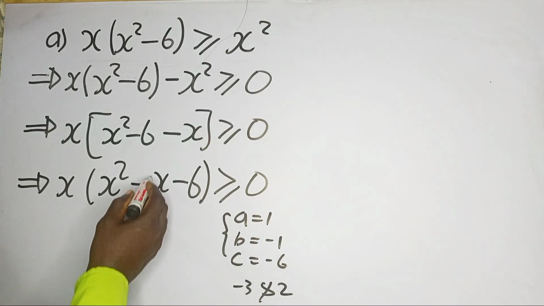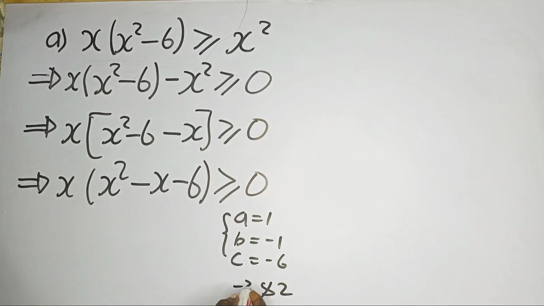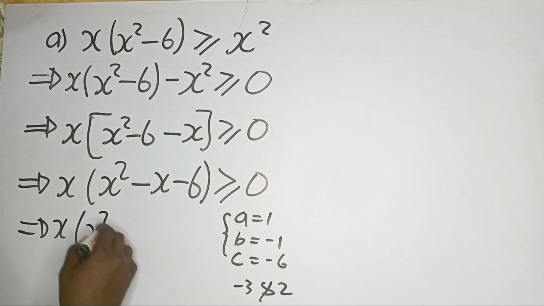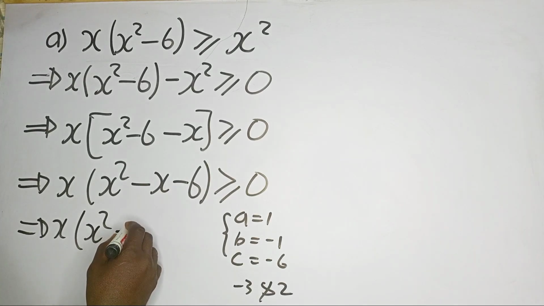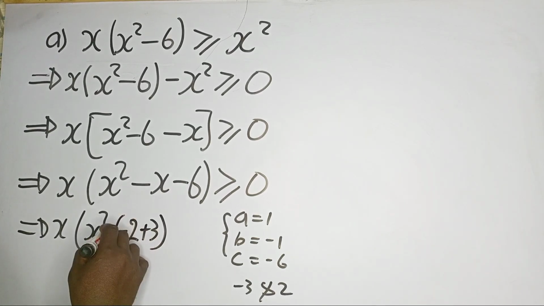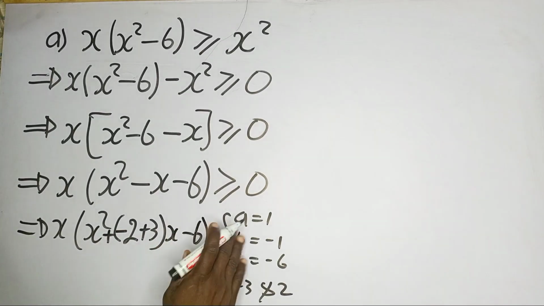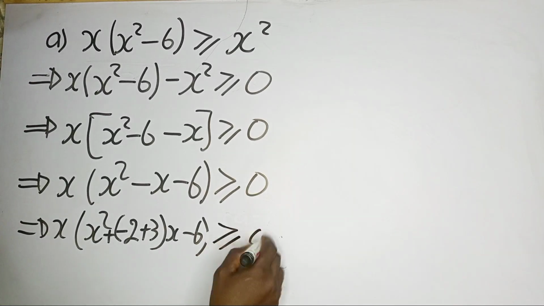So we're going to replace the coefficient negative 1 with the sum of negative 3 and 2. Okay, so we have x(x² − 3x + 2x − 6) ≥ 0.